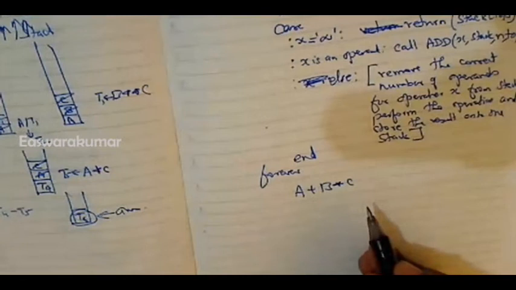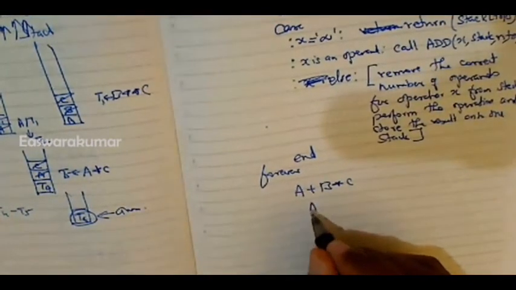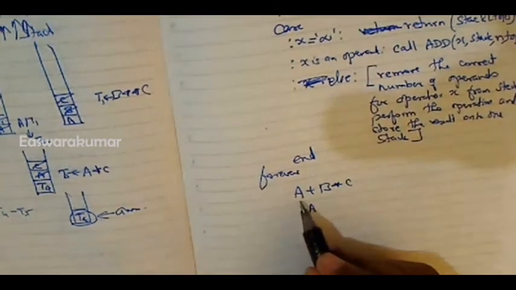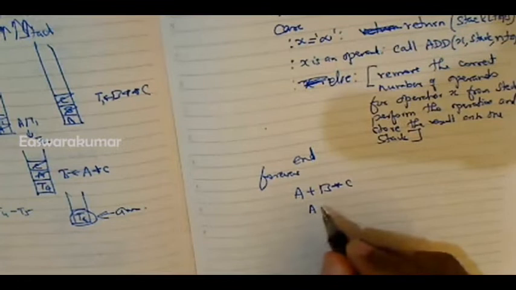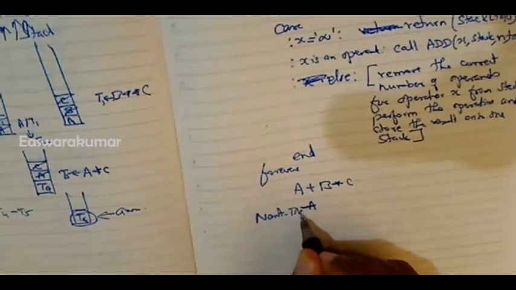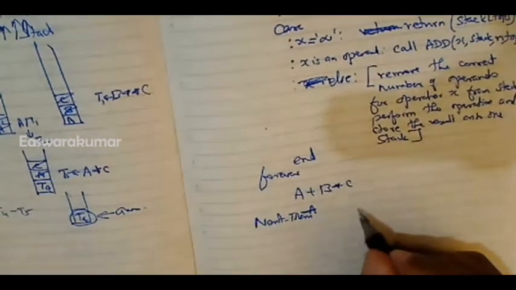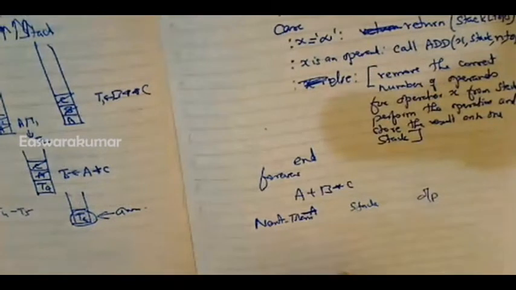Let us assume the next token is A. Here we consider three things: the next token, the stack, and what we output.